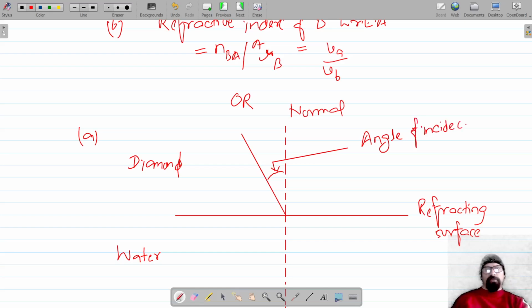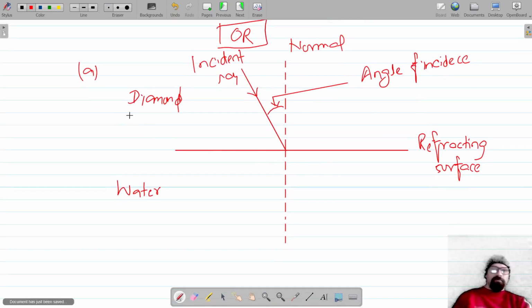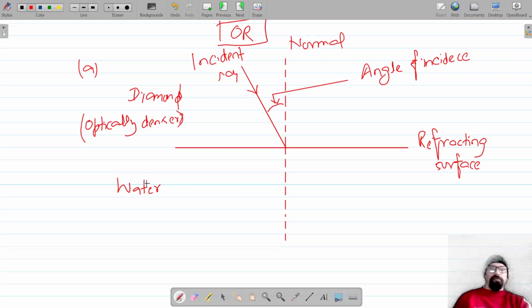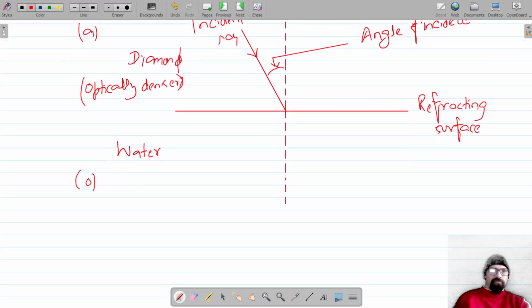Now, water is optically rarer than diamond. This is the angle of incidence. Diamond is the optically denser medium, and water is optically rarer if we compare these two media.